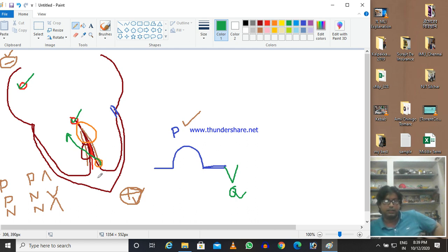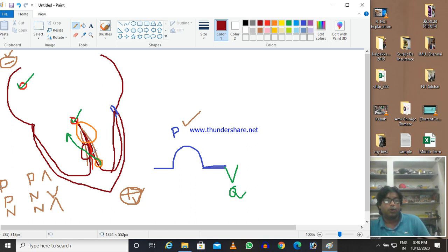After the bundle branch, here in the drawing, the left ventricular wall is basically thicker compared to the right ventricular wall, and these are the fastest conducting tissue.